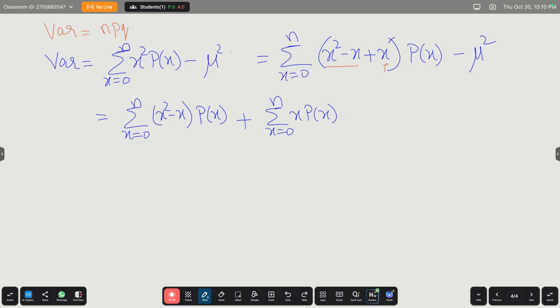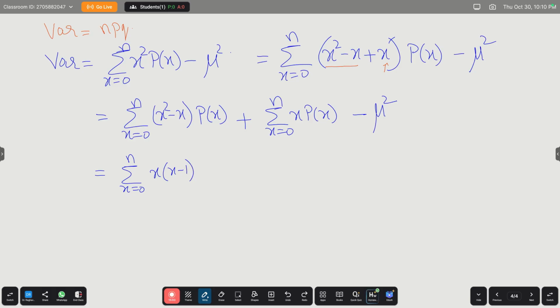So one summation I have made into two by separating x square minus x and x. And what is left? Minus mu square is left. Okay. And in the next step, I will take x common from this x square minus x.